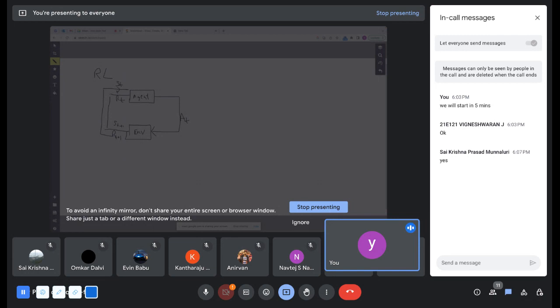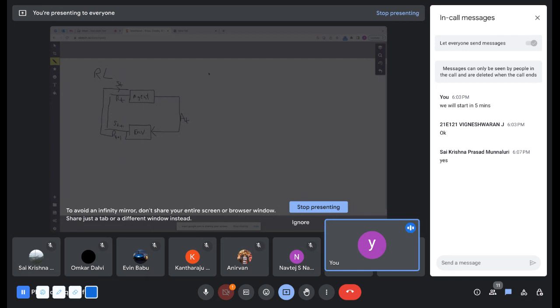These inputs are states, that is, what state the agent is in and what reward it got by taking a previous action. Depending upon that, the agent takes actions, and that is nothing but the policy.